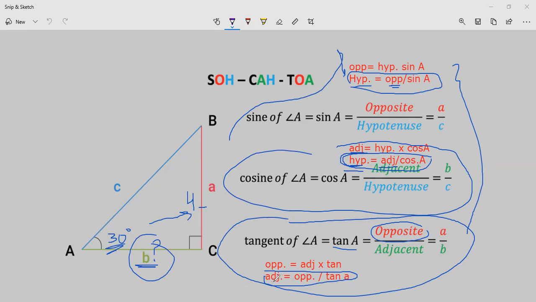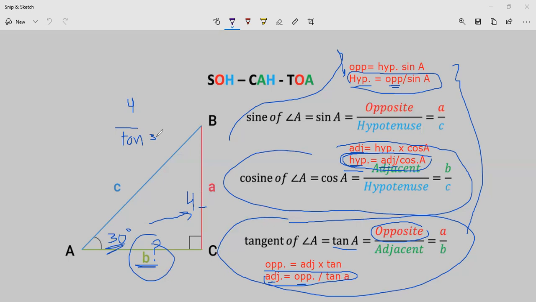I need to find the adjacent, which is the opposite divided by tan of the angle A. So I write directly the opposite, which is 4, over tan of 30. Why do I use the tan? Because I'm dealing with the opposite and adjacent.